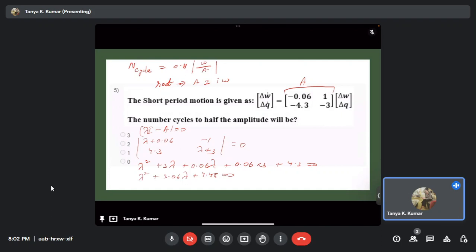Now what are the roots of this equation? Lambda equals minus 3.06 plus or minus the square root of 3.06 square minus 4 into 4.48, divided by 2. What do you get here? What are the roots?